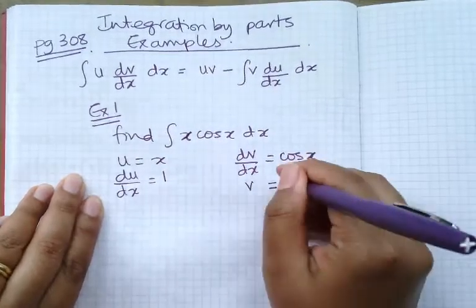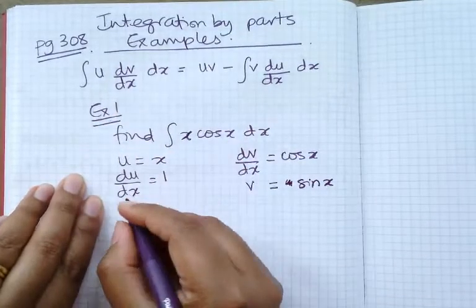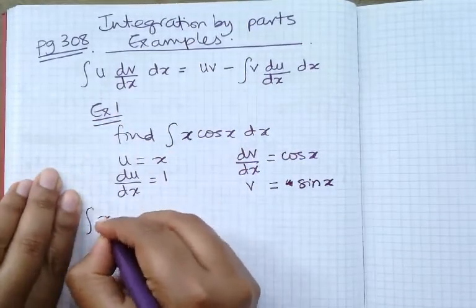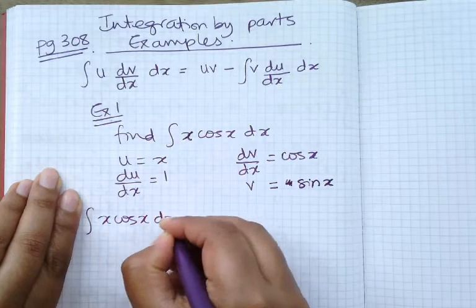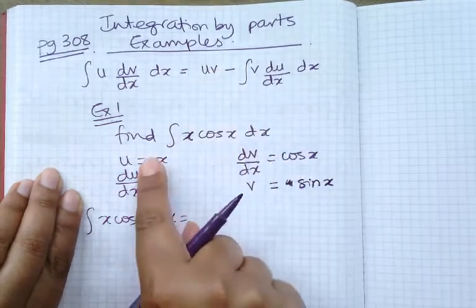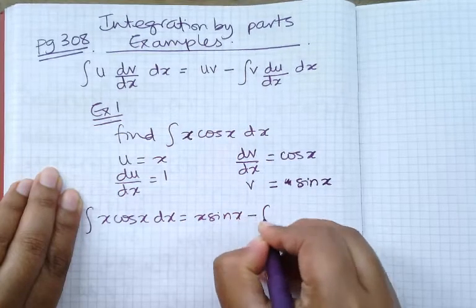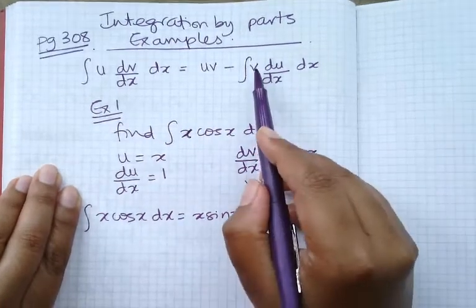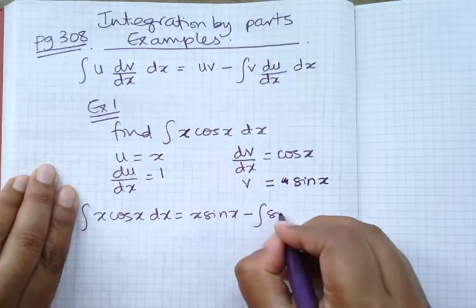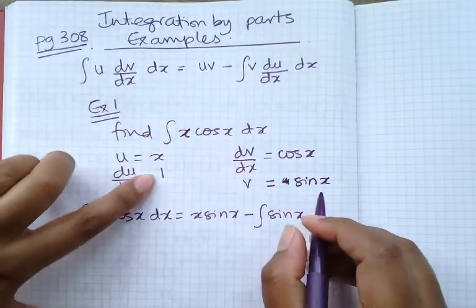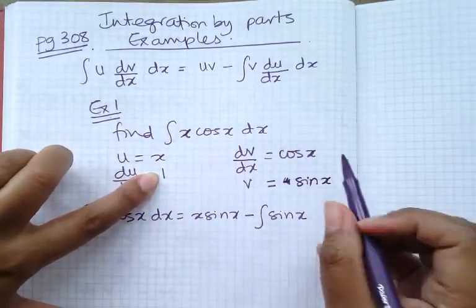Then if I plug that into my formula, I am going to get, so write down the question again, equals uv, which is x sine x, minus v, which is sine x, multiplied by 1, which I'm not going to write, and dx.